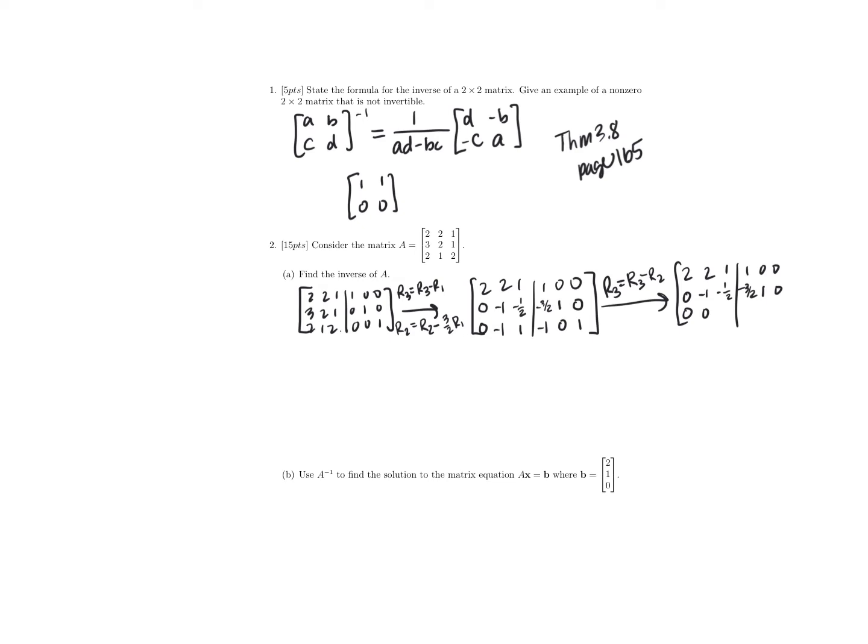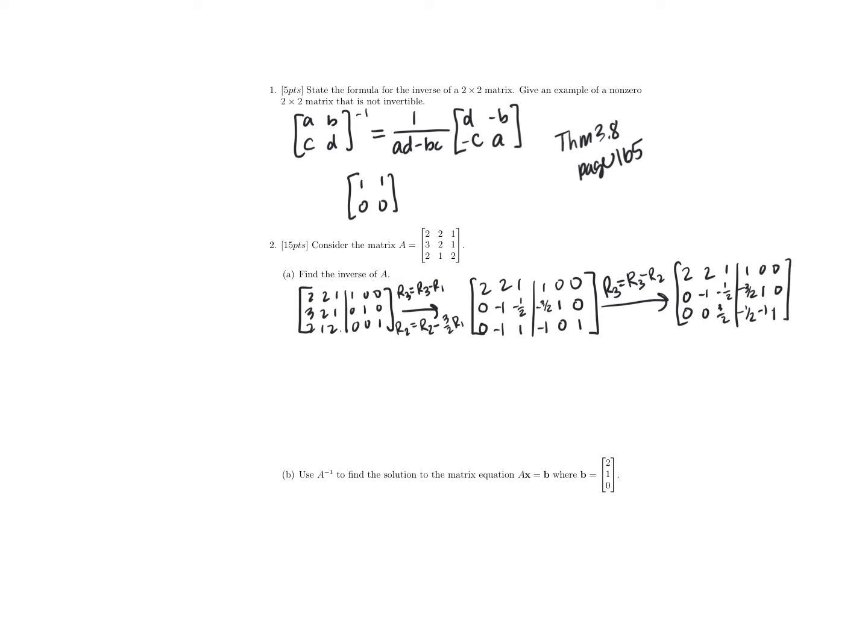Okay, so row 3 minus row 2. So 1 minus negative 1 half will be 3 halves, and then negative 1 minus negative 3 halves will be negative 1 plus 3 halves will be negative 1 half. And then 0 minus 1 will be negative 1, and then 1.